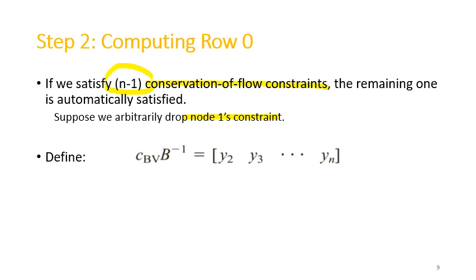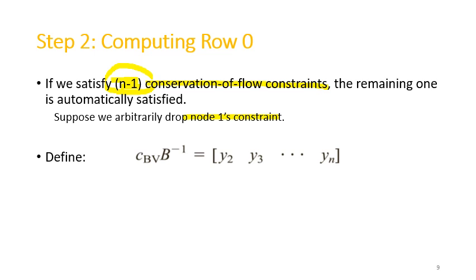Now, if you recall, when you want to construct a simplex table, you can do it from these formulas. You require CBV B inverse to construct row 0 of a simplex table. In this case, we just saw in step 1 that we need n-1 basic variables, and it is also because we can only consider n-1 constraints.